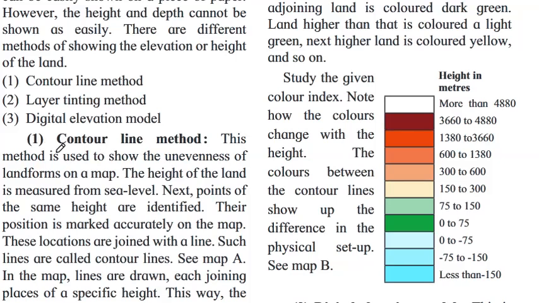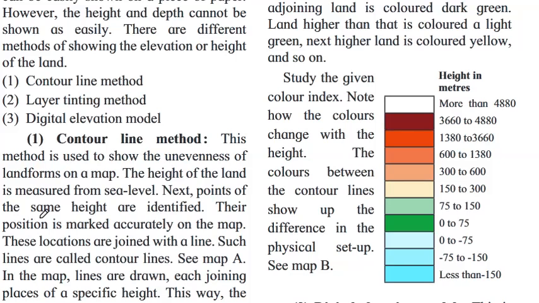This method is used to show the unevenness of landforms on a map. The height of the land is measured from sea level. Next, points of the same height are identified.